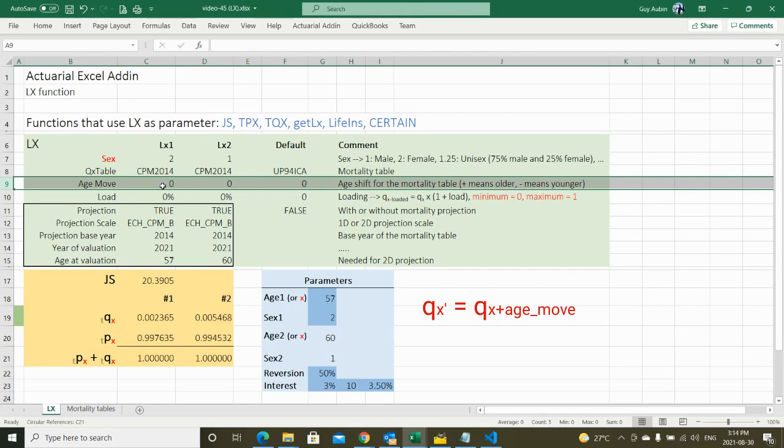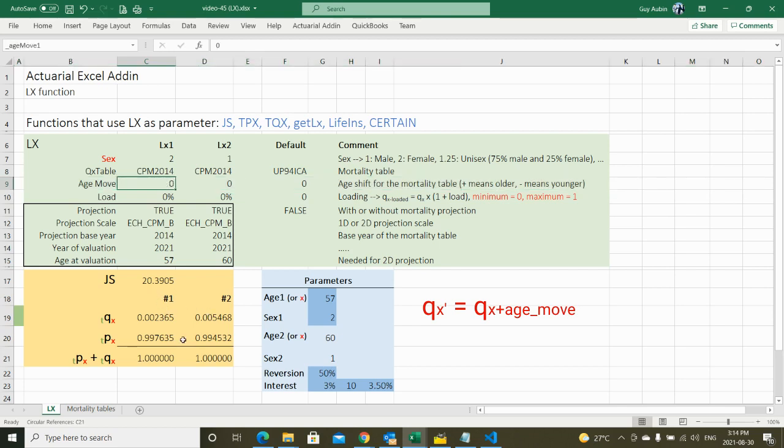If it's minus 3, the same person at age 35, the first mortality rate would be at age 32. If I put 3, for example, you'll see that the TQX here in that box will increase because it's older, and if it's minus 3, TQX, which is the probability of death, would be reduced.